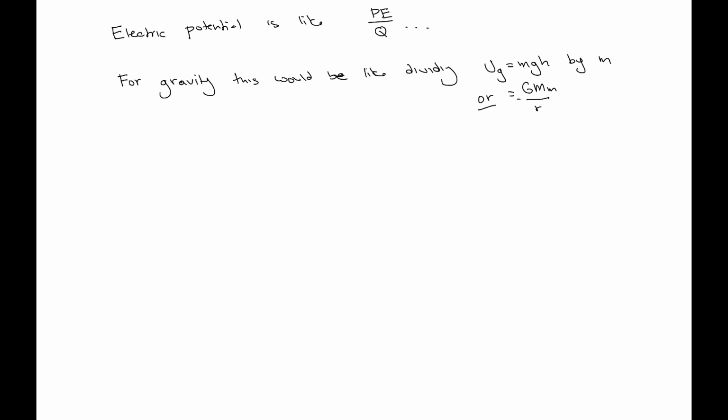The point is that you're removing the dependence on the mass in the field, and here you're removing the dependence on the charge in the electric field. So for example, Ug over m is equal to negative Gm over r. I could say that this, which I'm just going to call a potential, but not a potential energy, just depends on the position in the field, not on some object.